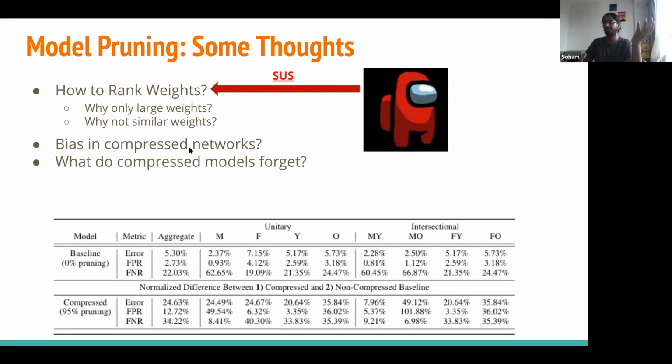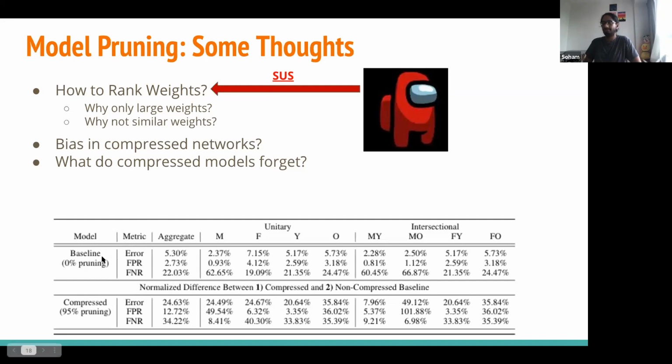It turns out that there's this researcher by the name of Sarah Hooker. We've shared some of her papers in the Slack group as well. She's done some research, and it turns out that pruning does actually introduce bias.